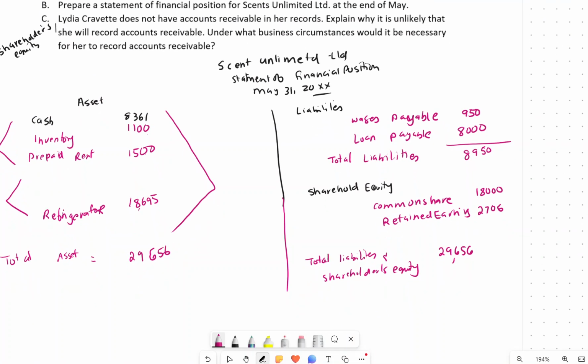If I add my 8,950 and these two numbers, I should get 29,656, which we do get. So again, your total assets of 29,656 are equal to your liabilities and shareholders' equity. This is the question that we did when we did the fill in the blanks.